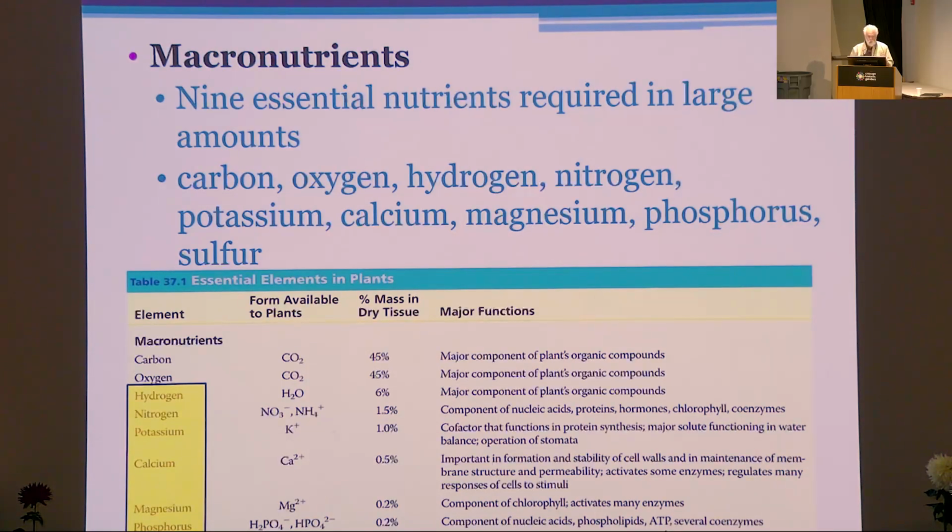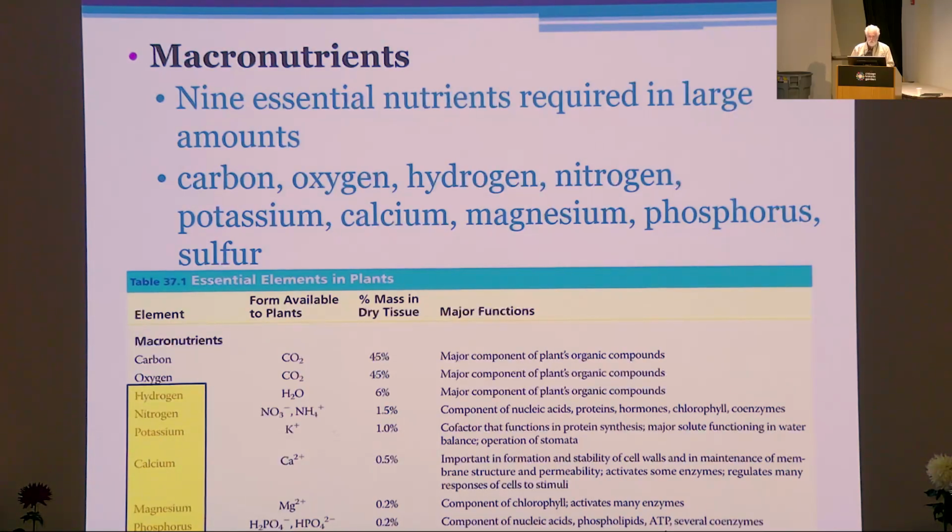But what I want to point out is this column here that says percent dry mass in dry tissue. You can see that nitrogen is at 15%, so 15% of the dry weight of a plant is nitrogen, then we get down into the neighborhood of 1% or even less.